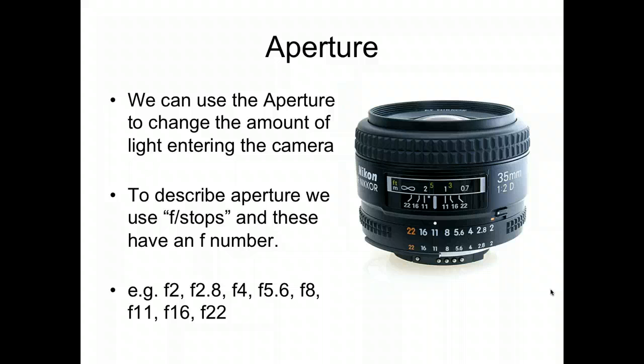So what you'll want to do with aperture is gauge the amount of available light you have for the scene that you're shooting. If you're outside on a sunny day, you have a lot of light, so you probably want to make that opening smaller, maybe set to 16 to 22. If you're shooting around sunset and your light starts to become a little less than it would be at noon or maybe even 2 in the afternoon, you will want to set that number lower, to maybe a 4 or a 2.8, to allow more light to come in.